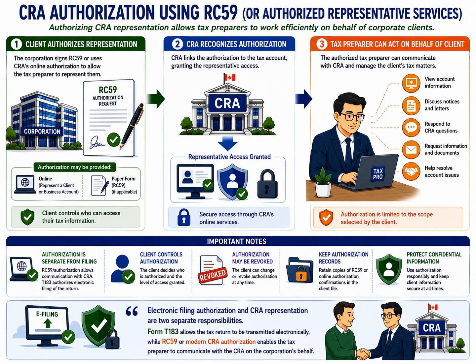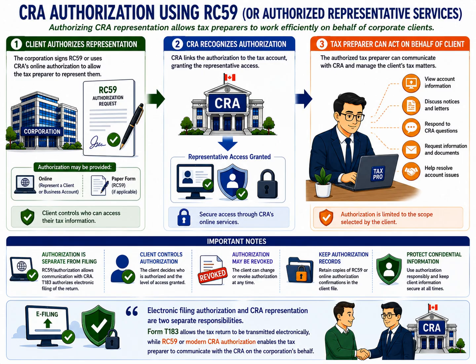Form T183 authorizes the transmission of the T2 corporate tax return, while RC59, or the CRA's current online authorization process, allows the representative to communicate with the CRA about the corporation's tax affairs.